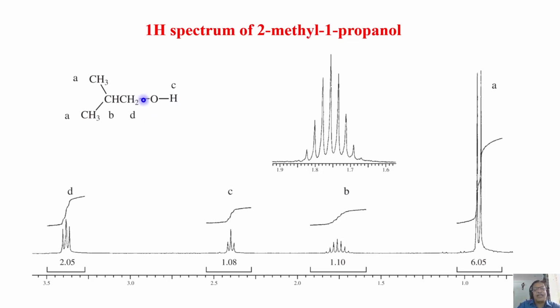Even though it is attached to neighboring groups of spins like CH or CH2, couplings are very rarely seen. Not that it is not there, it is there, but you have to take special precautions in the experiment so that you can see the splitting pattern. But if you look at this spectrum, there is no broad peak you can see here. So OH, if it was there, you would have seen as a broad peak like this.